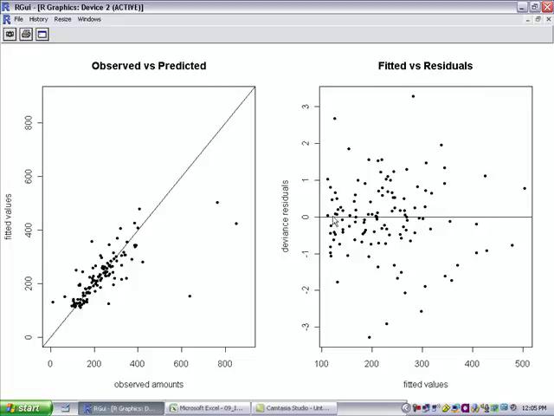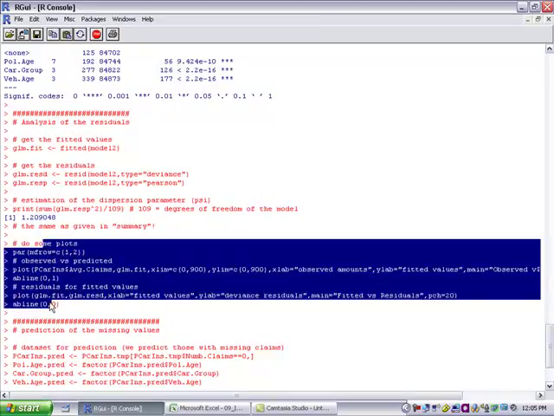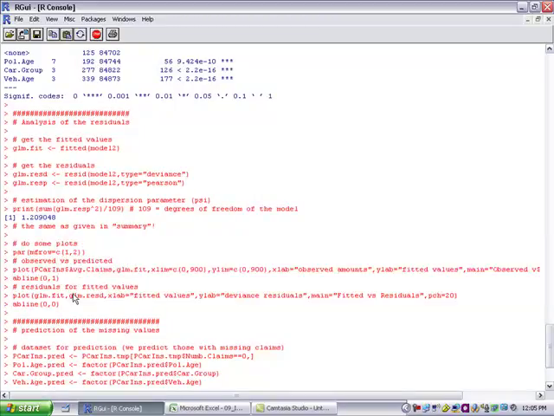But here you don't see a systematic trend in these residuals, so it looks more or less alright. This is just the code to get the plots.